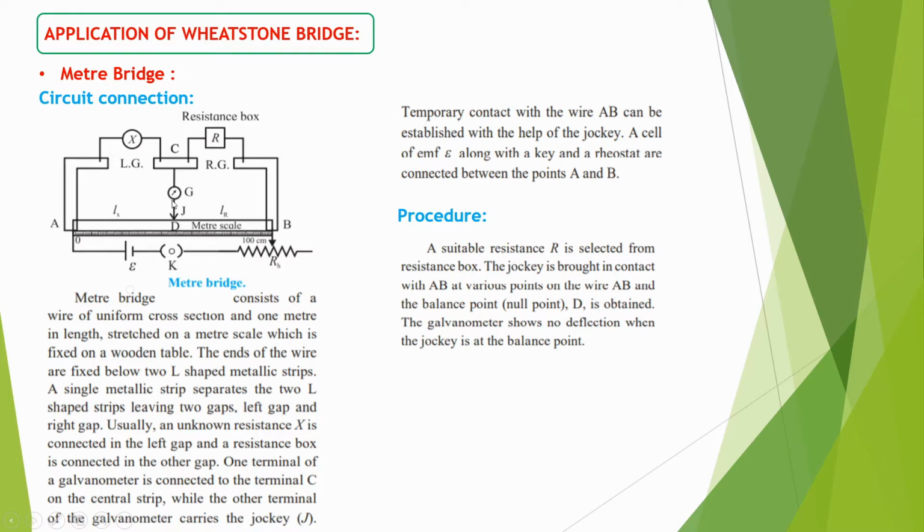This means we tap the jockey, or sliding key, along the wire AB and select the point D in such a way that the galvanometer shows a null deflection, or zero deflection. So suppose this is the point D, and at this point the galvanometer shows zero deflection, so the point D is considered the balance point.